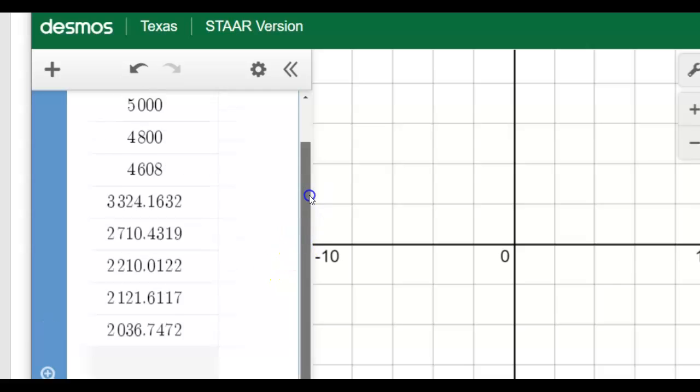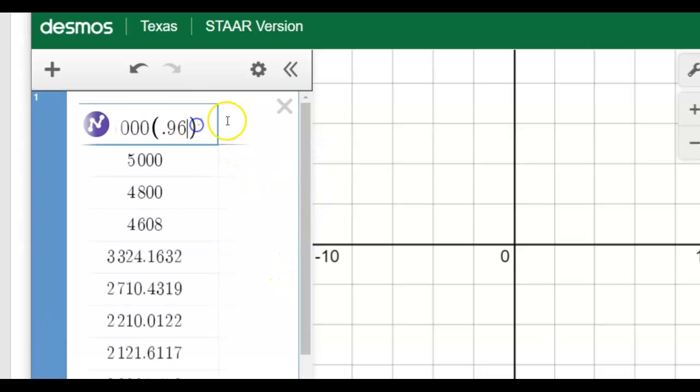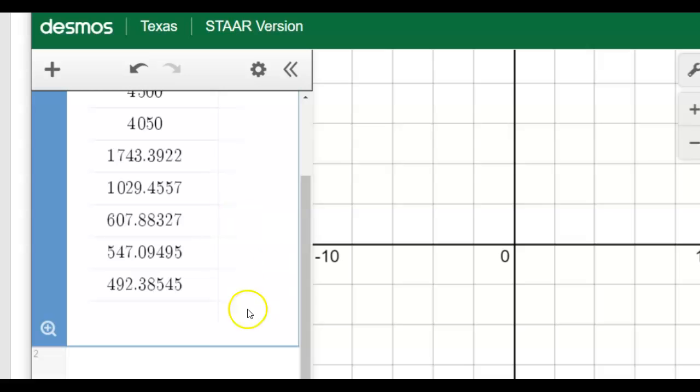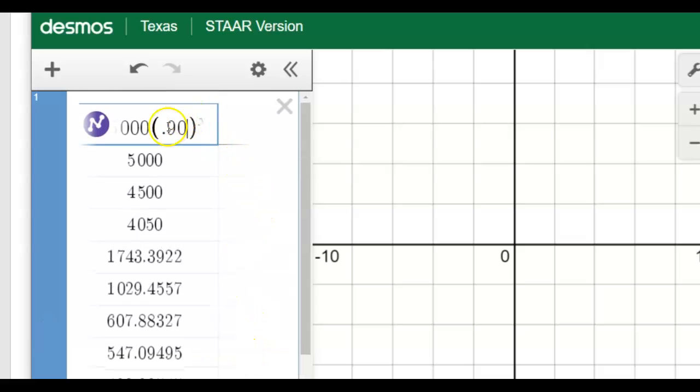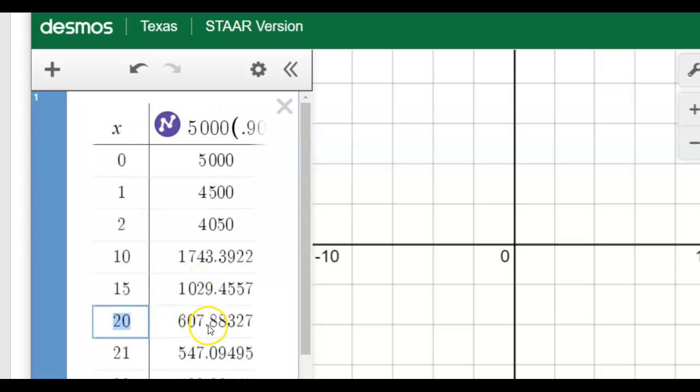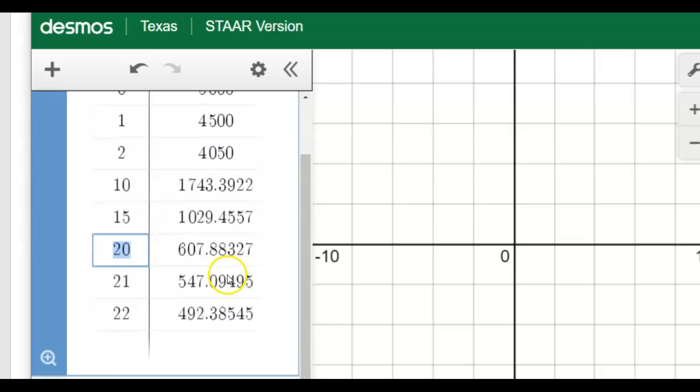Let me double check. Did I type my equation correctly? I don't believe I did. I mistyped my equation. Okay. So I mistyped the equation when I went back and fixed it. Now are we getting closer to 500? On 21 years, are we under 500? On 22 years, are we under 500?